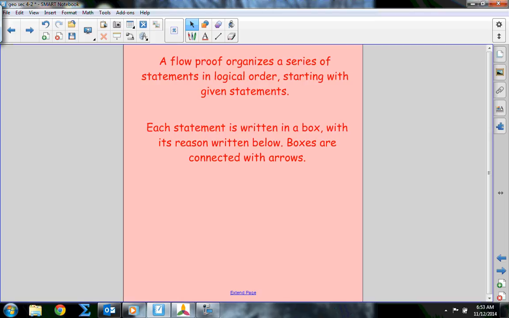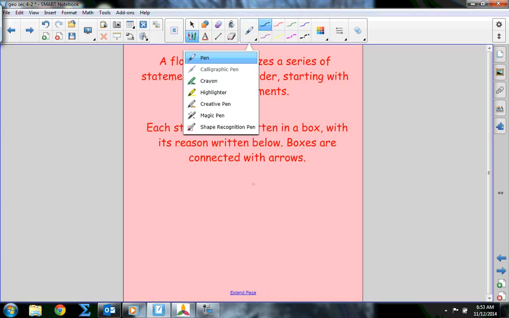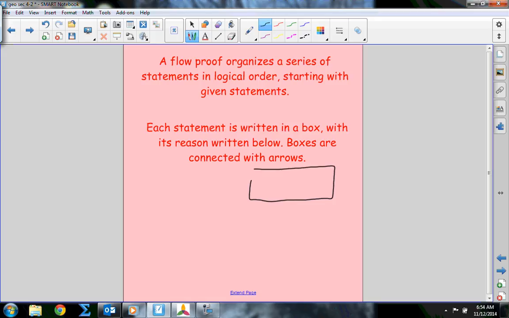But what you're going to do is write your statement in a box. You're going to write whatever justification you're using underneath.